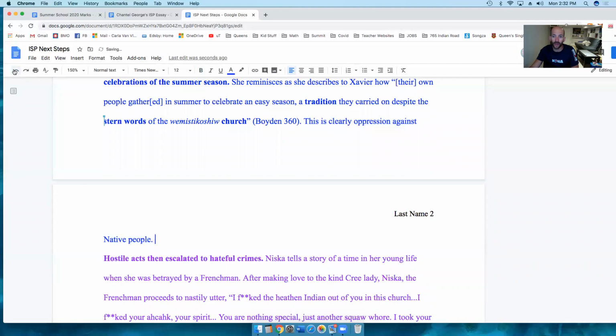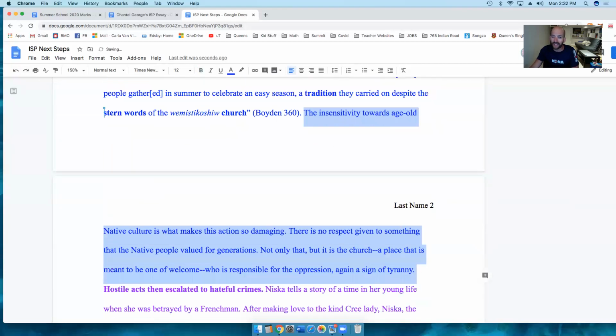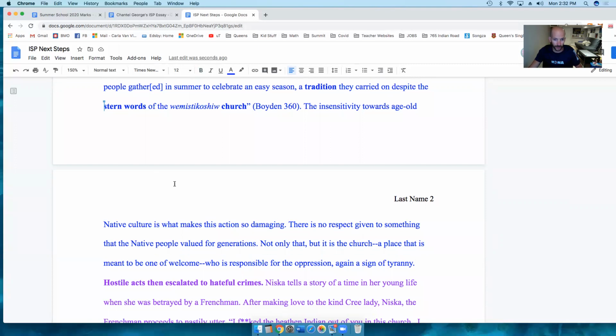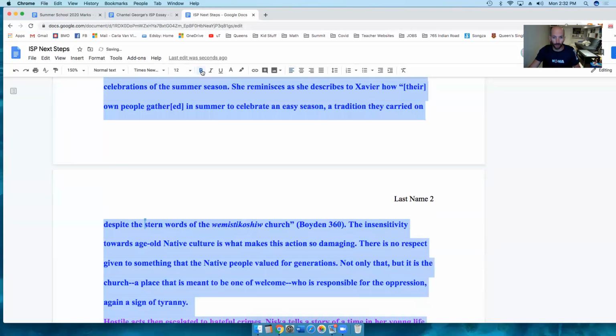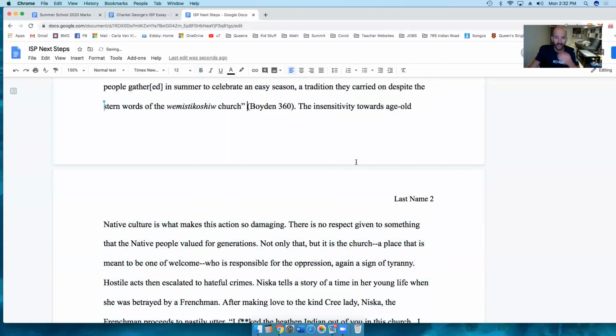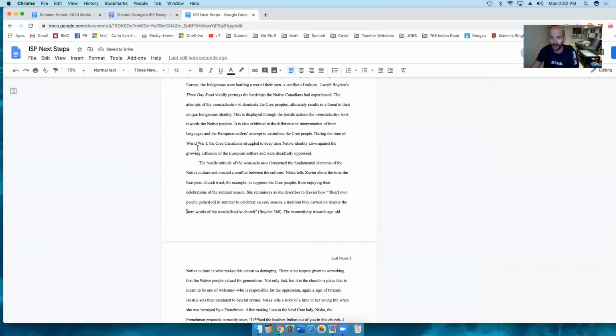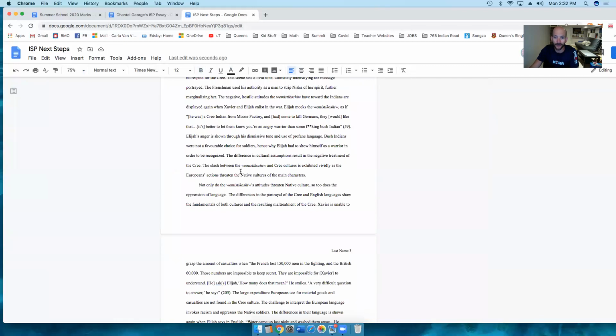So instead, as you're proofing your analysis, make sure that your analysis really focuses on the specific quotation. Last thing you would do, of course, is select all, take all the bold of the essay out, take all the colors out, and make everything black again, and you would have a perfectly formatted, highly persuasive essay.